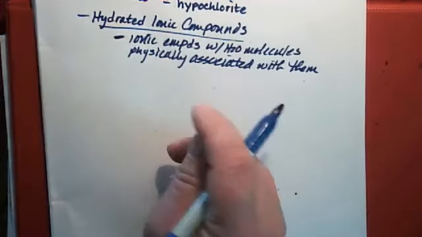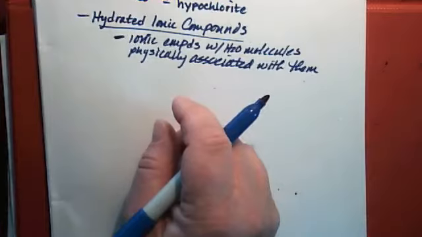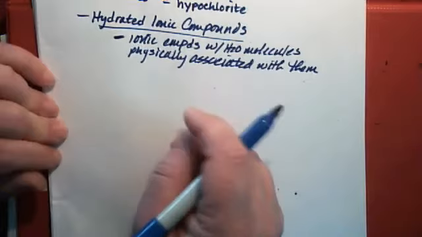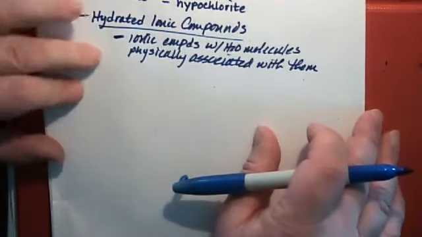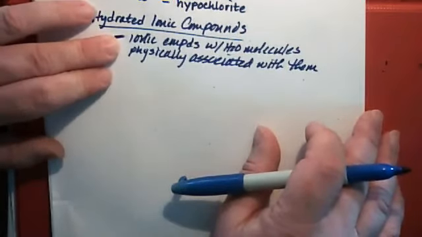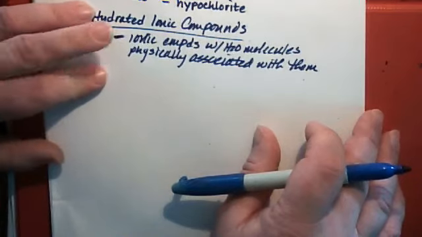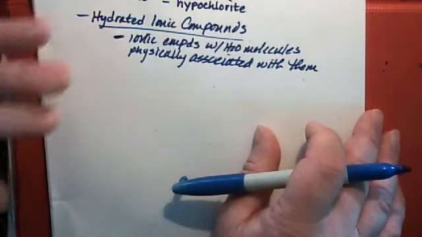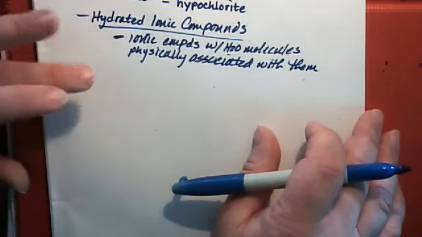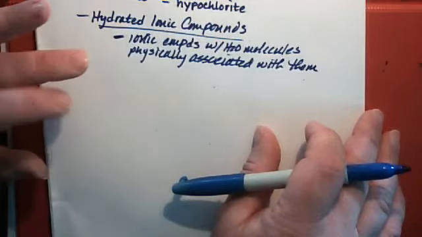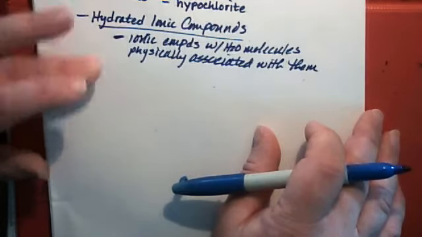Ionic compounds generally involve metals and nonmetals or polyatomic ions. But one unusual aspect of some ionic compounds is that in order to stabilize the ion, they tend to attract a certain number of water molecules. And those water molecules are only physically attracted to the ionic compound. They're not chemically bonded to it.